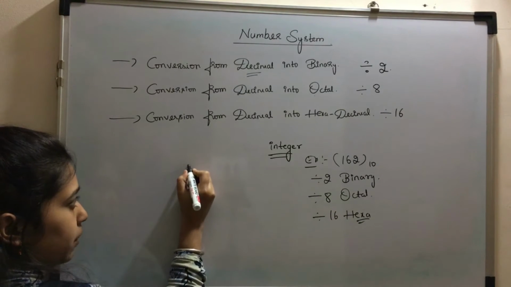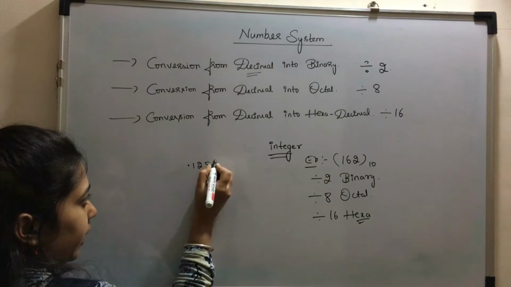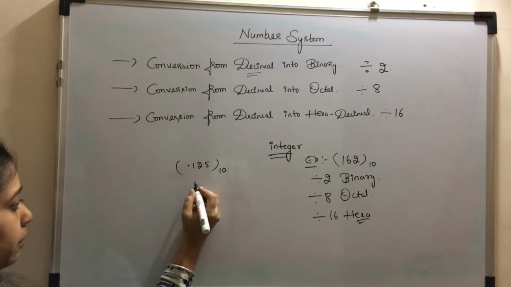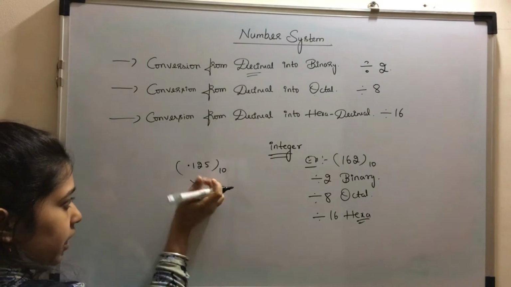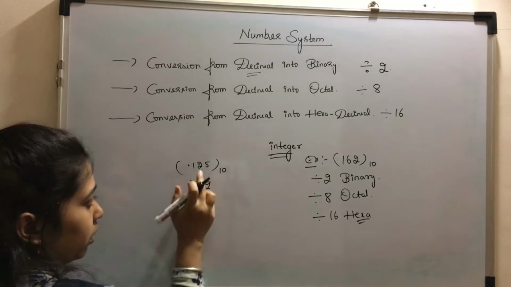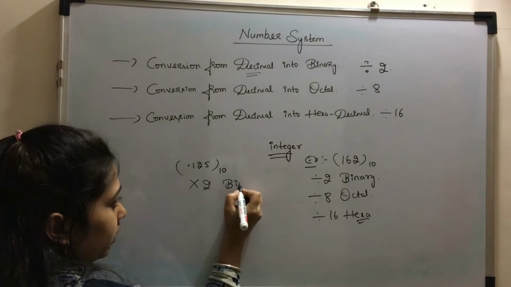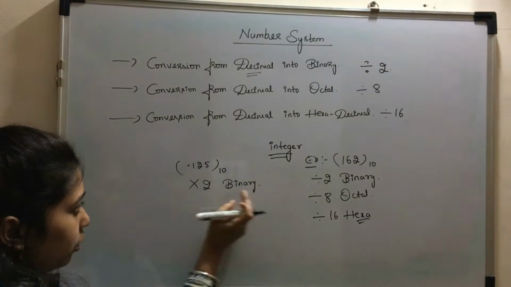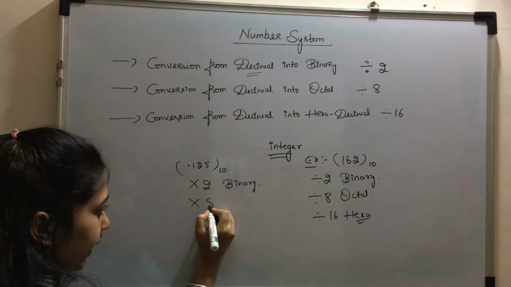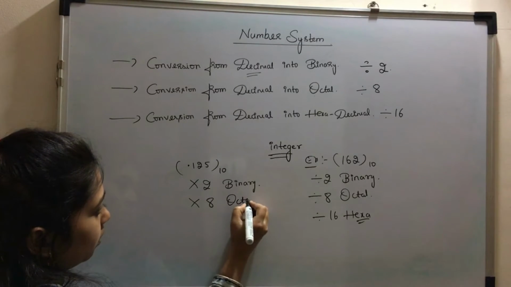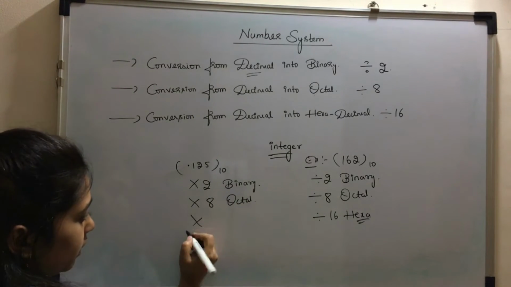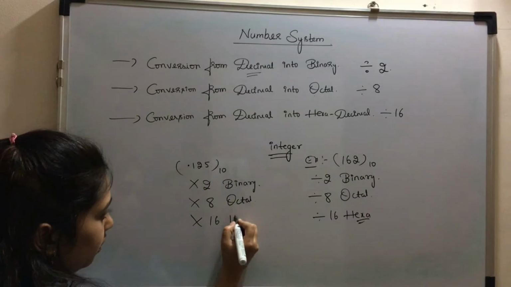And if the given decimal number is 0.125, then multiply the given decimal number by 2 to convert it into binary. And to convert to octal, multiply by 8. And to convert to hexadecimal, multiply by 16.